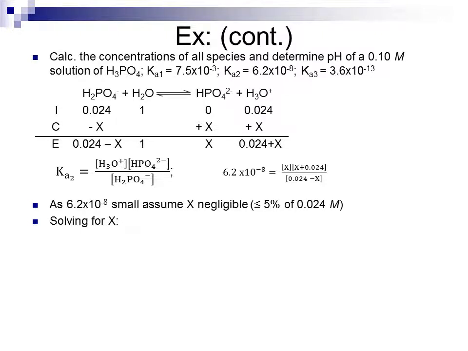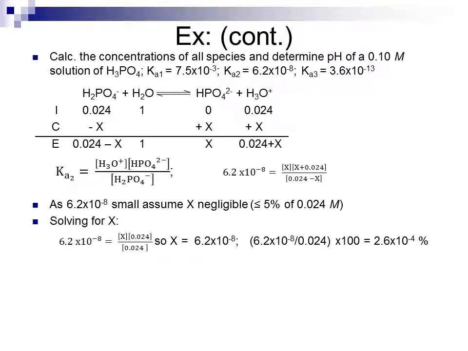If we make that assumption, solving for x, 6.2 × 10^-8 is equal to x times 0.024 divided by 0.024. So x is 6.2 × 10^-8. Comparing that as a percentage against 0.024, we find that it is 2.6 × 10^-4 %. That is extremely small, 0.00026%.